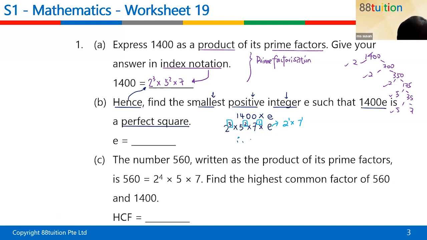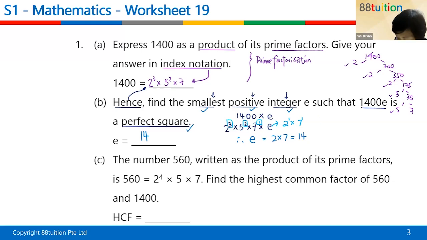So E itself is equal to 2 multiplied by 7, which is 14. So 14 is the smallest. Integer, yes. Positive. So check back: smallest, yes. Positive, yes. Integer, yes. Perfect square number, yes.